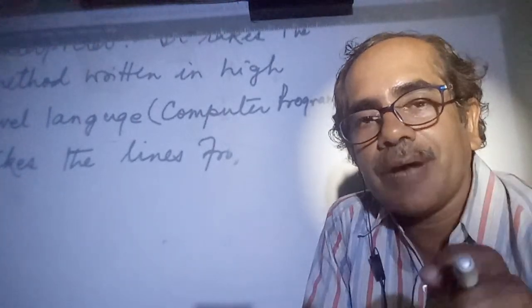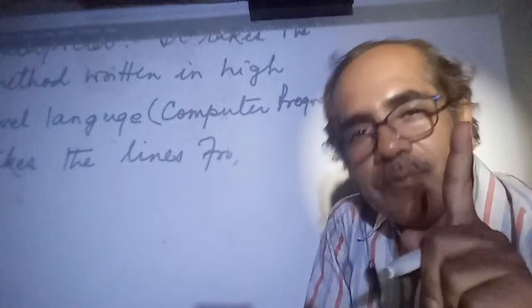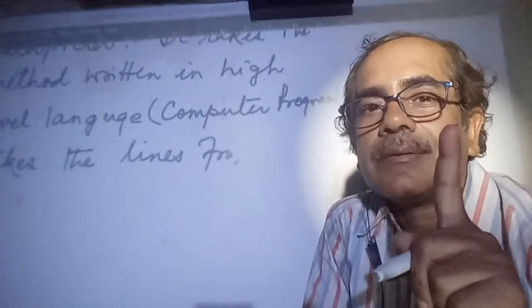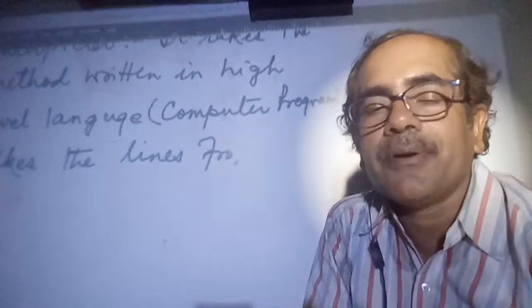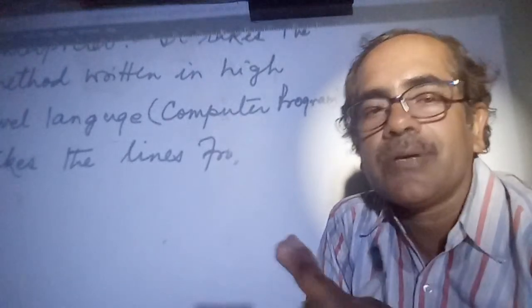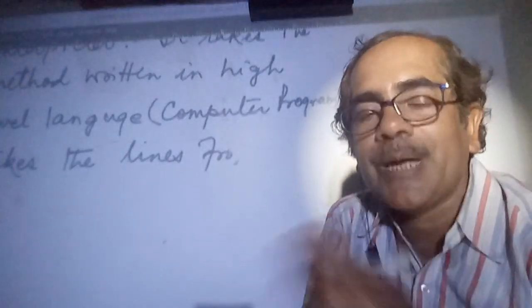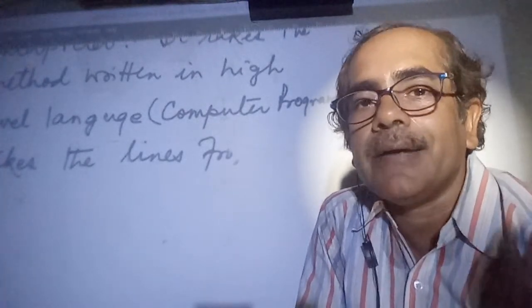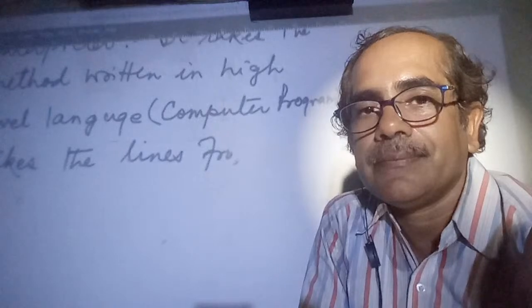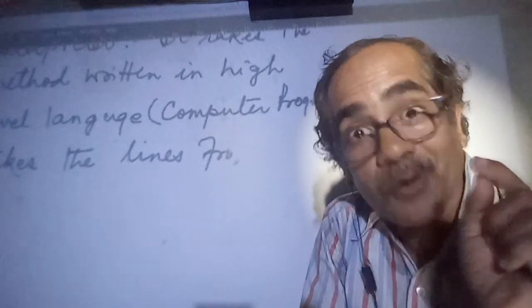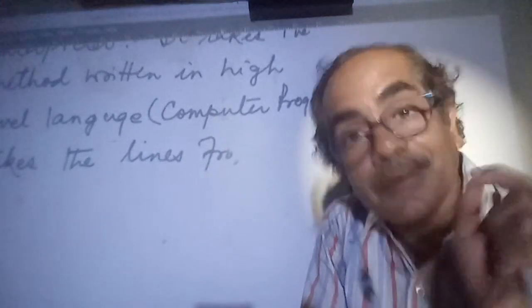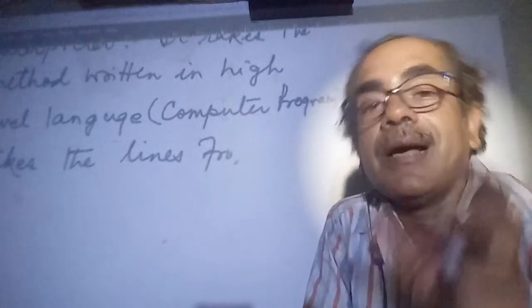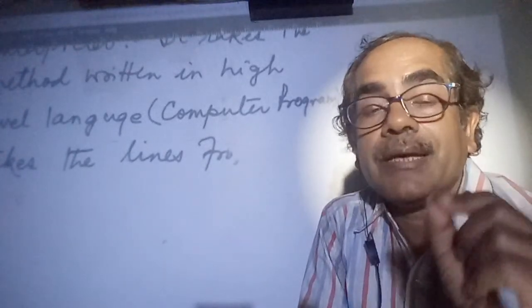Once the Java program is written, one time you have to use its compiler. Later on, that program is executed, that program is working without calling any Java interface. This part a little bit wrong I am telling, but for the time being I'm making it correct.